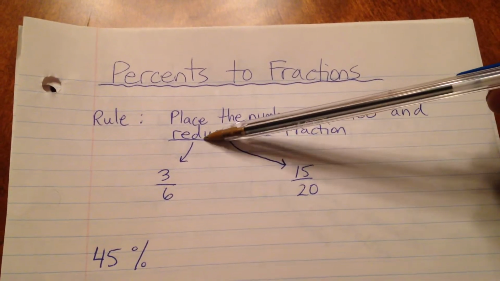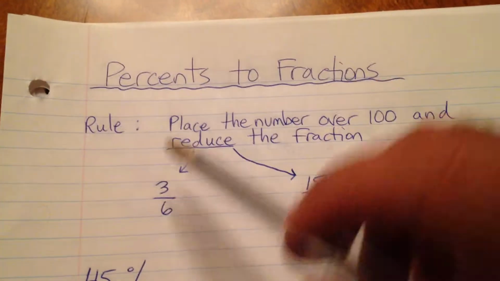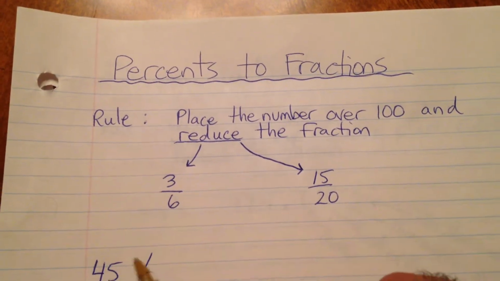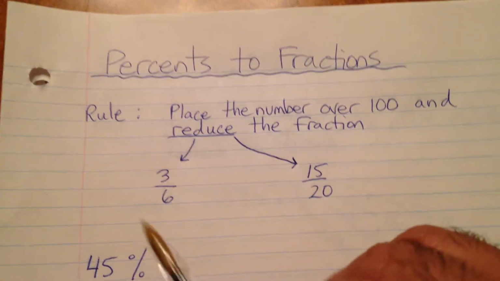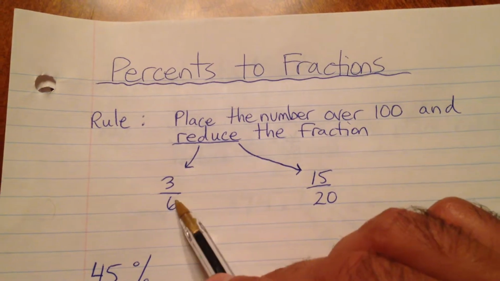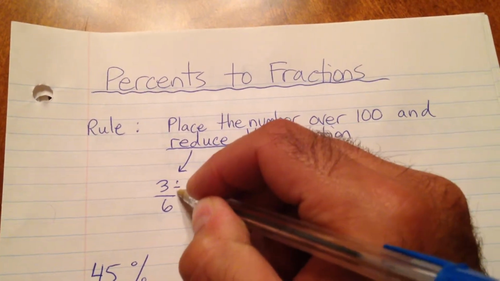The word reduce, I have to review that each year, but reducing a fraction is as follows. If I had a fraction 3 over 6, this fraction is not reduced. It's not reduced because these numbers are both divisible by another number. These numbers are both divisible by 3.